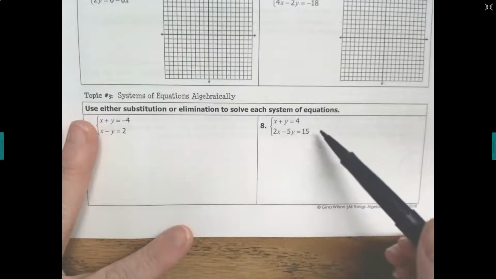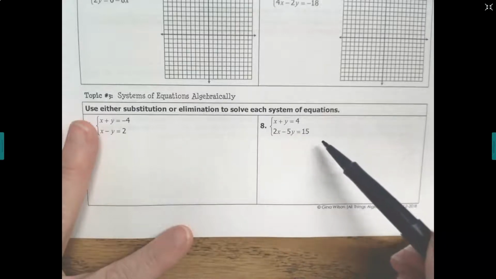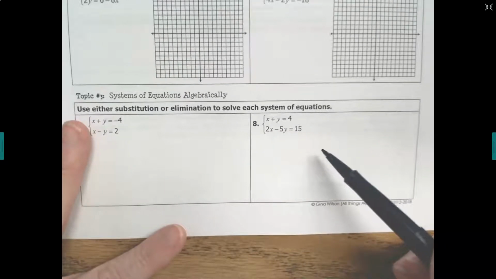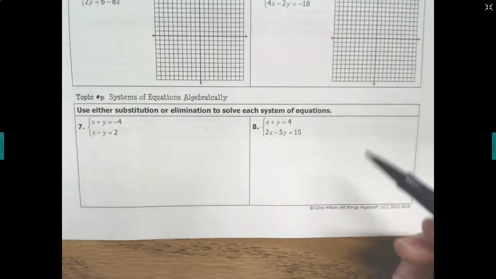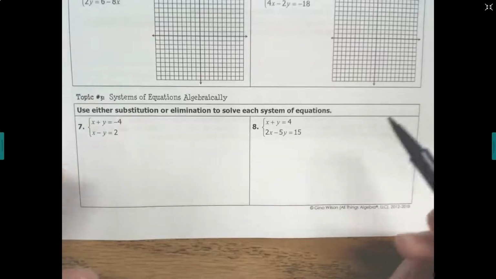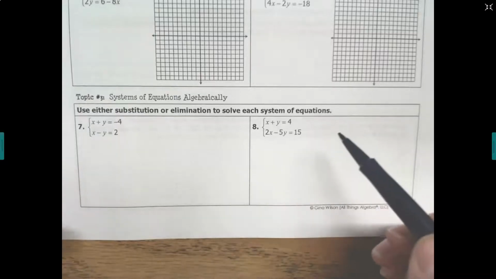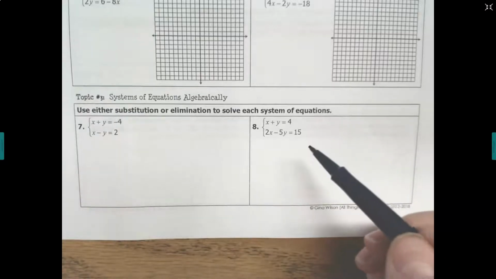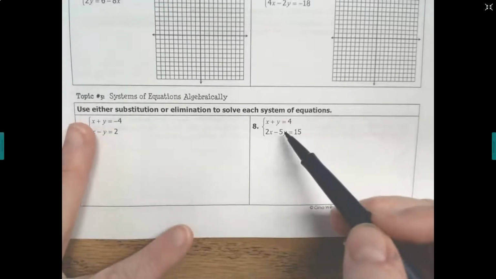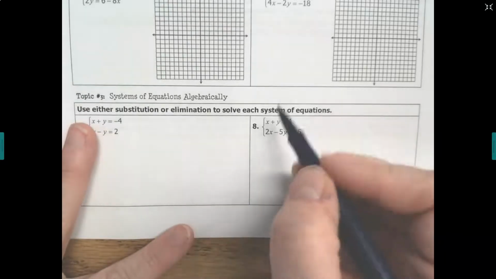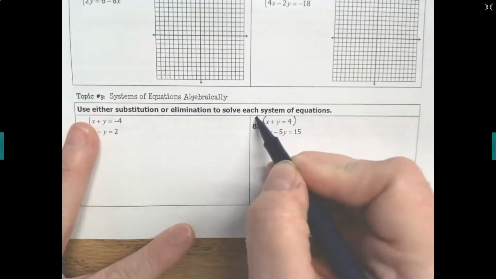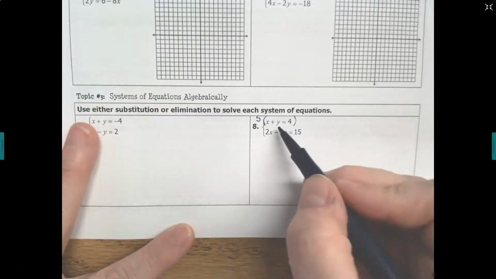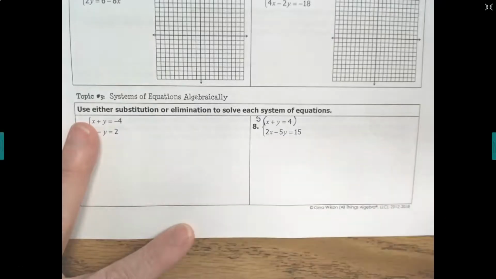As you can see in this example, there are no opposites to start with, so we have to make opposites using multiplication. There are several ways I can transform an equation to have an opposite. But I notice one option is if I multiply the top equation by a positive 5, I'll end up with a positive 5y, and my bottom equation has a negative 5y.